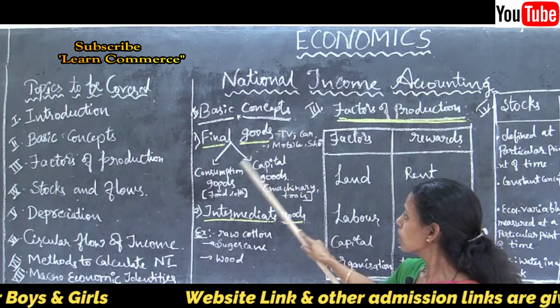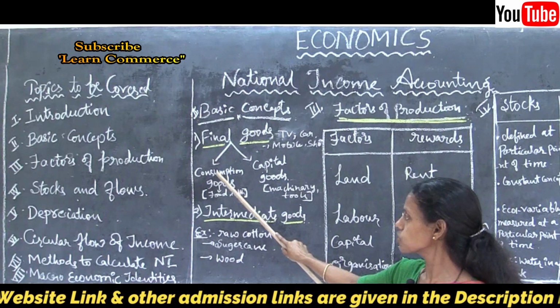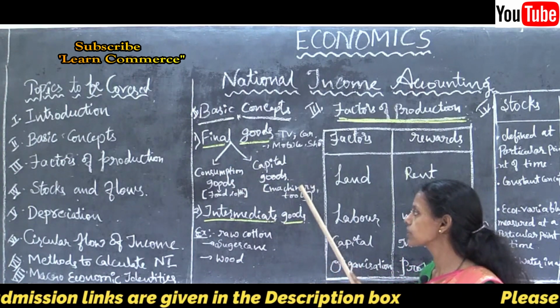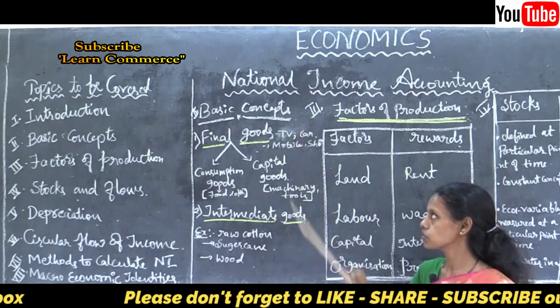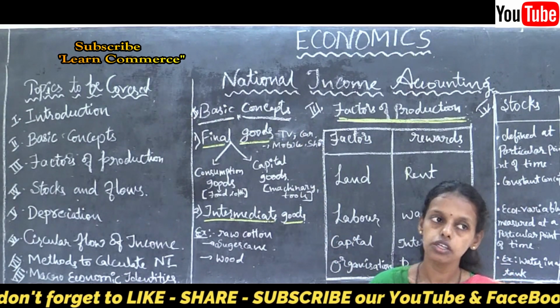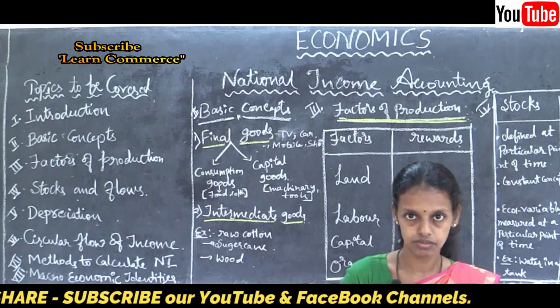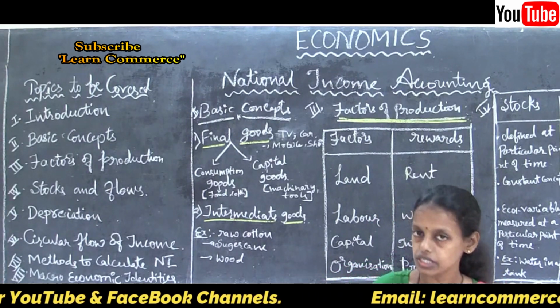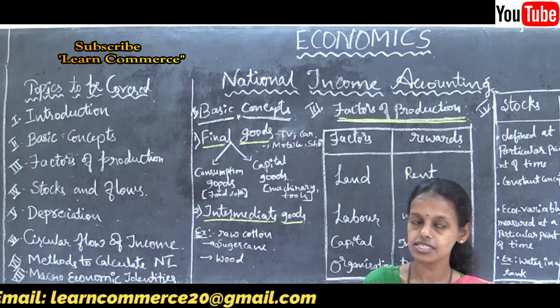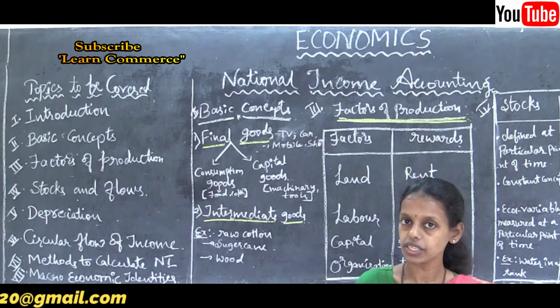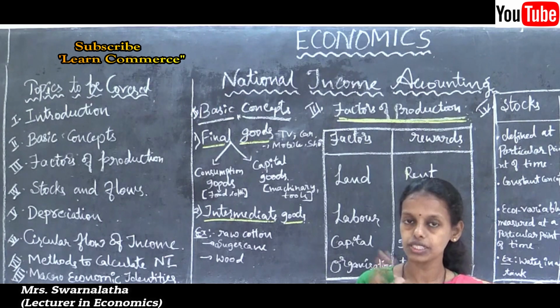In this, consumption goods are also there and capital goods are also there. For example, if you are going to drink a cup of tea, before that you buy the product, that is tea leaves or tea powder.